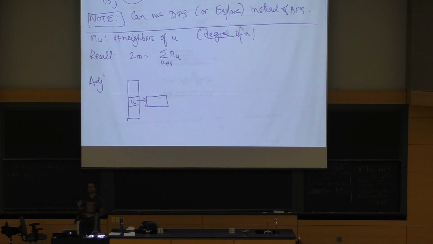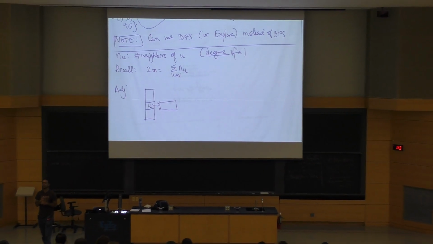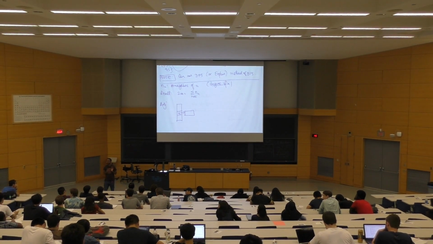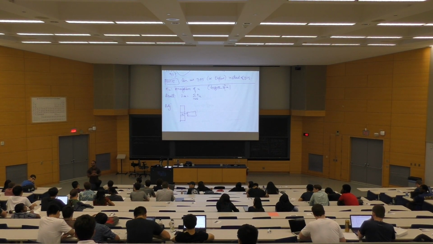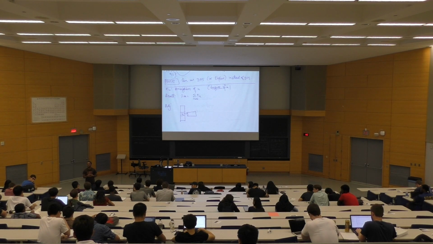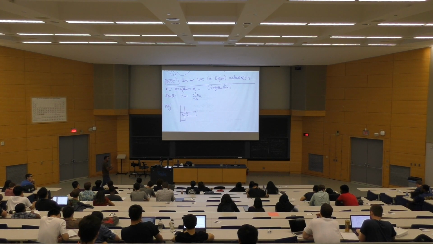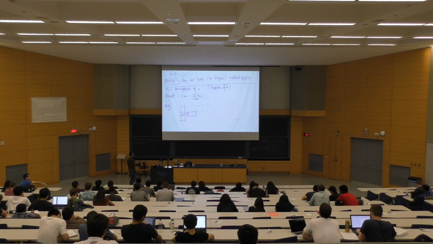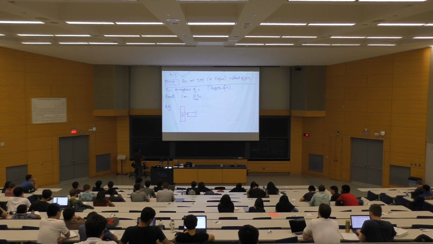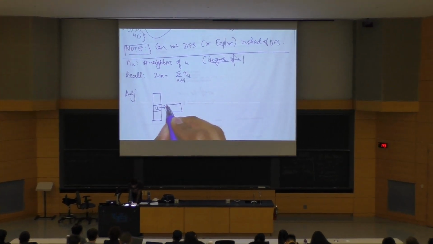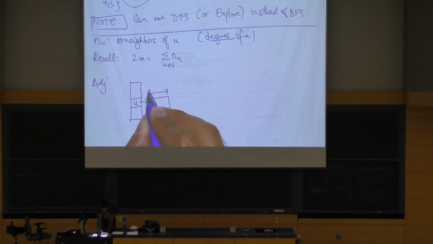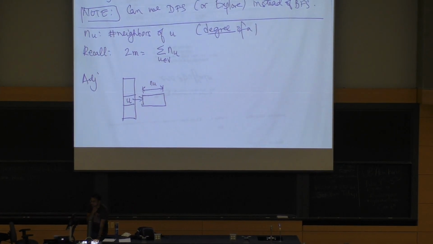It's n of u. What you have as the list for u is the list of all neighbors, which by definition is of size n of u. So the list for u is of size n of u.